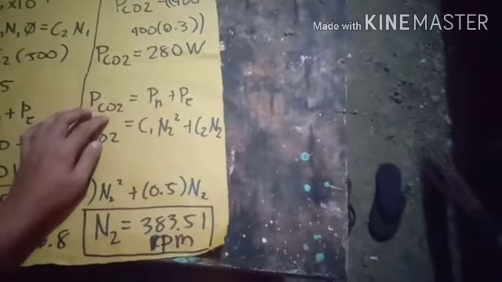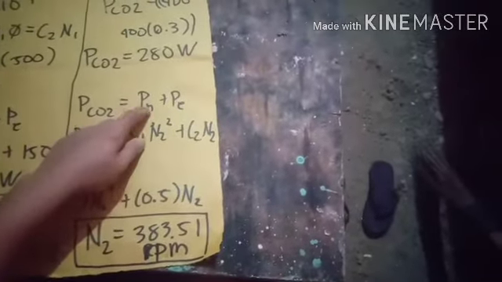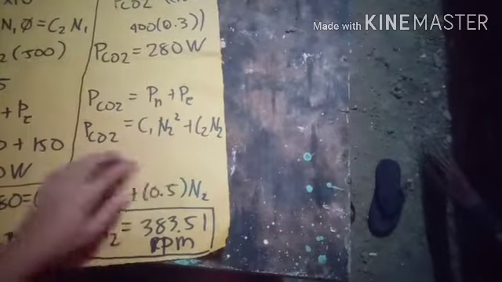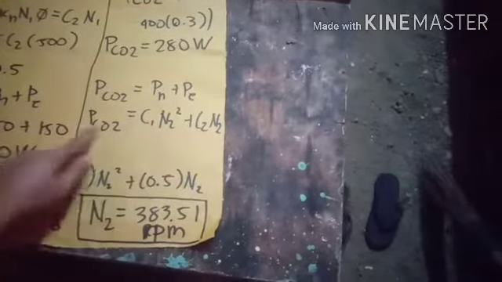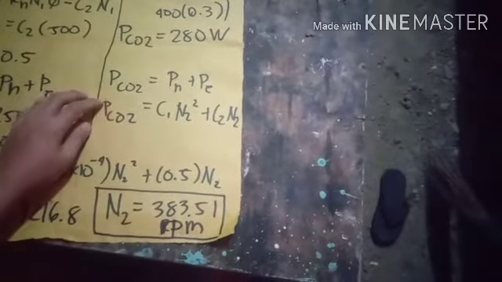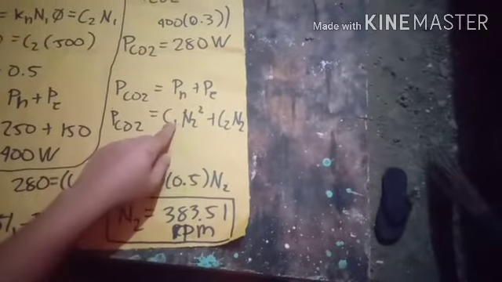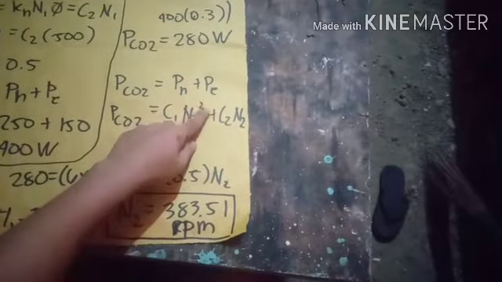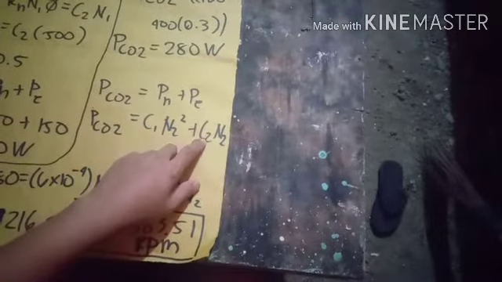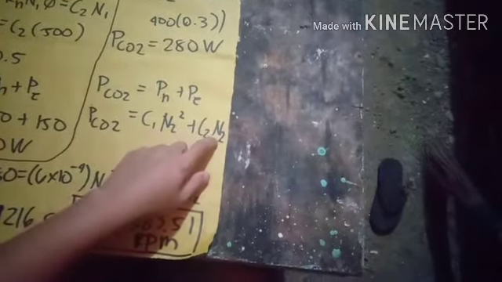P sub CO2 is equal to P sub H plus P sub E. So this is the new formula for PCO2, equal to C sub 1 N sub 2 squared plus C sub 2 N sub 2.